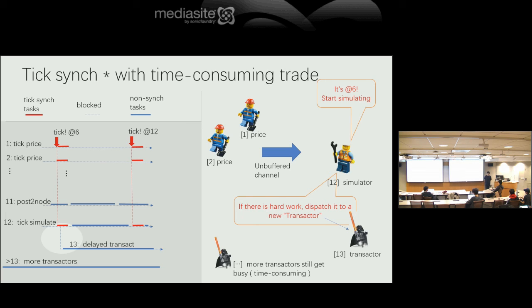Because when I use the sync, I can make a decision in time to determine whether I trade or not. I make the profit from the arbitrage. So that's the simulator, right? Because the price data changes all the time, you have to make a decision in time.